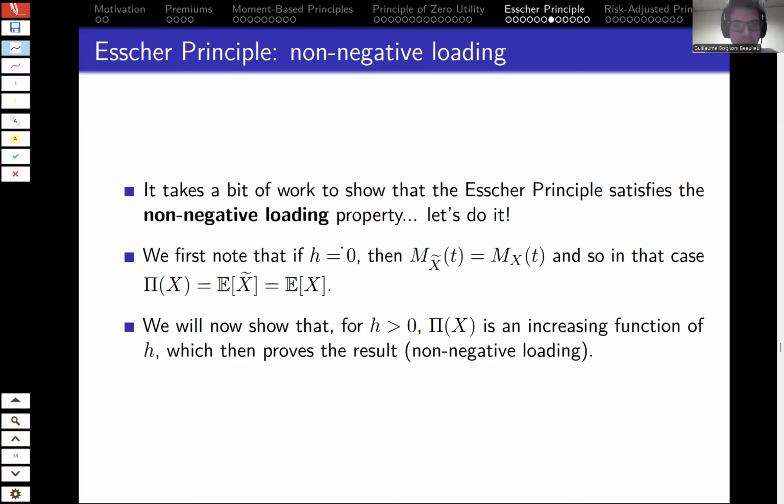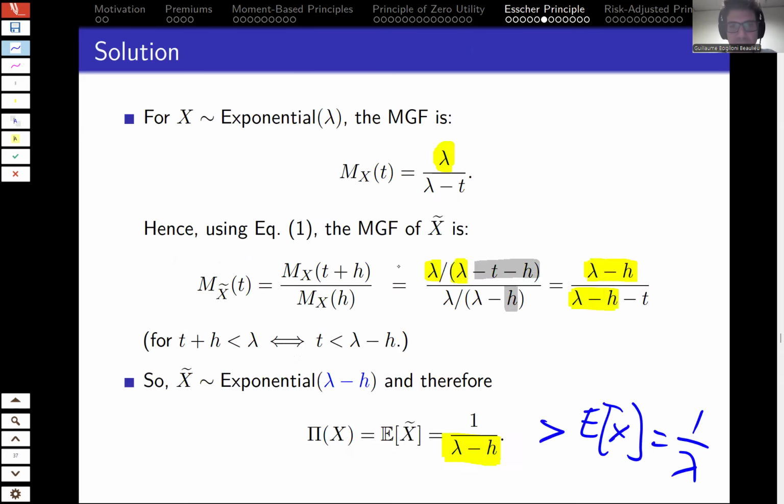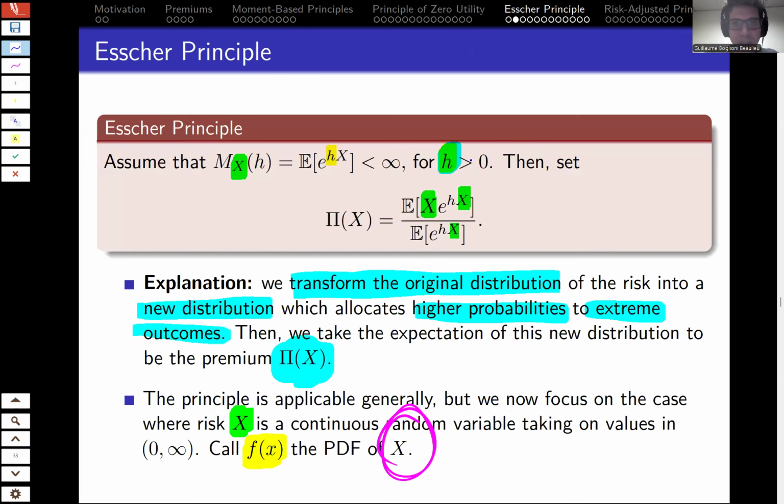Now the first thing to note is that if we have h equals 0, and technically in the premium principle this is not allowed, we said h must be strictly bigger than 0, but let's assume for a second that h equals 0, then the premium is exactly equal to the expected value of the risk.